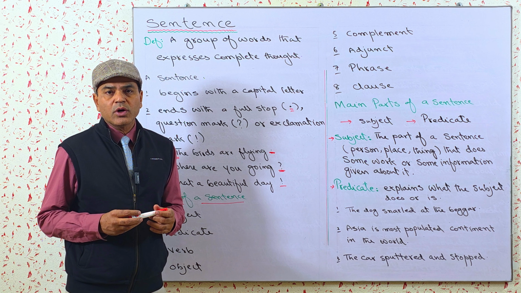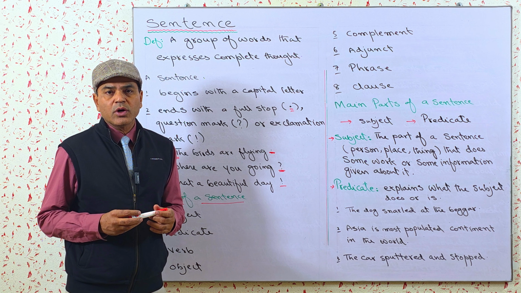What is a sentence? Let's first of all have a look at the definition. A group of words that expresses complete thought. That is, thought here means complete sense, or you can also say complete meaning. Why am I over-stressing thought, sense or meaning?